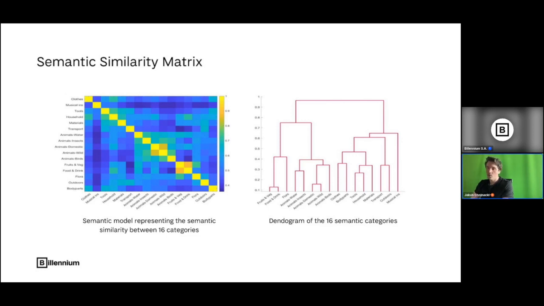And if you were to compare food and drinks to body parts, these are rather not similar. This is how the system sees the words given the vectors, and this is how the semantic similarity matrix is drawn. Based on that, we can sort of debug our system and look at how generative AI sees the world we see.